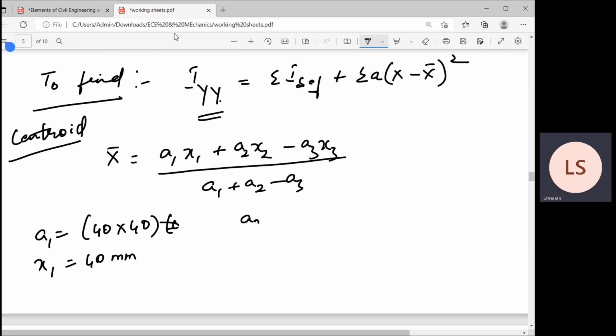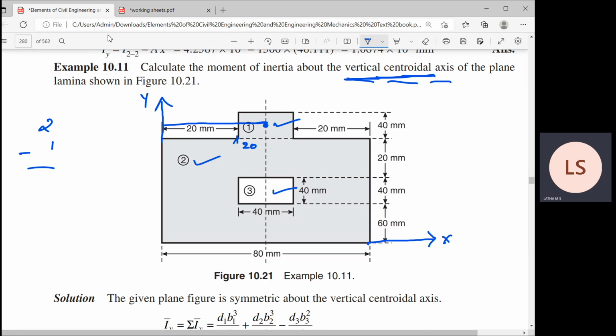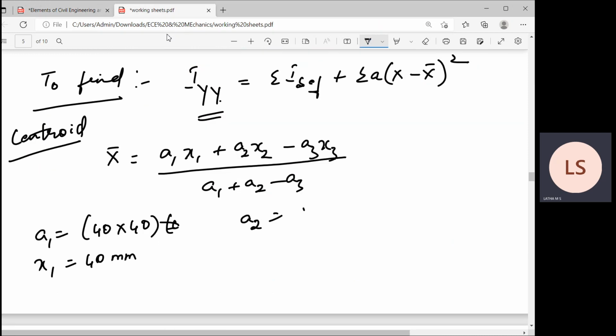Similarly, A2 is the area of the rectangle. It is 20 plus 40 plus 20, 80, by 120 in total. So 80 into 120 mm square.